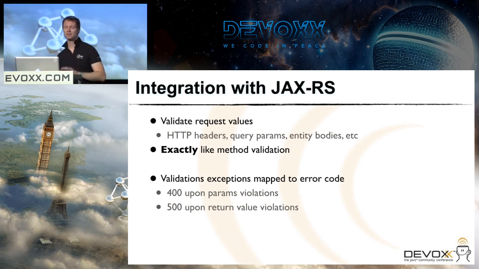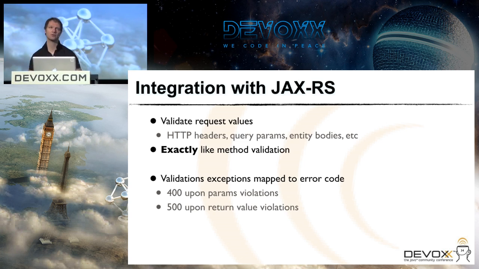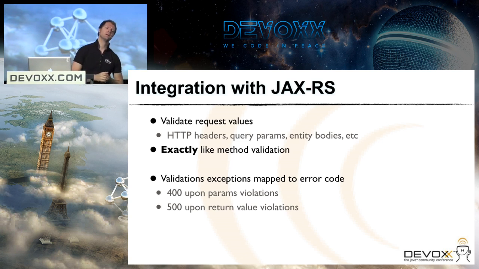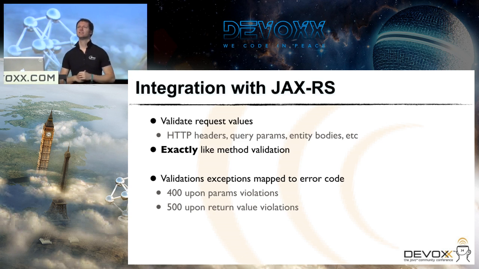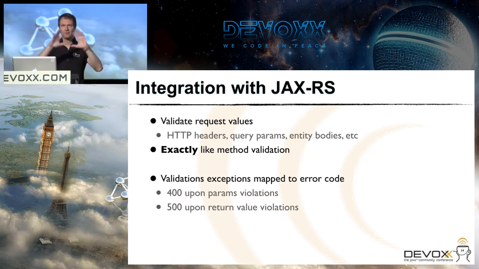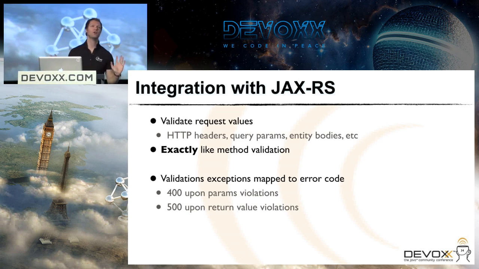So this kind of mapping makes it very nice and natural to bind REST errors and the Java errors in bean validations. By the way, return type validation is probably much less popular and has fewer use cases than parameter validations. But it might just be because it's an ego problem. Yes, I don't trust my clients to provide me the right parameters, so I'm going to validate them. But my code is awesome, no bugs.